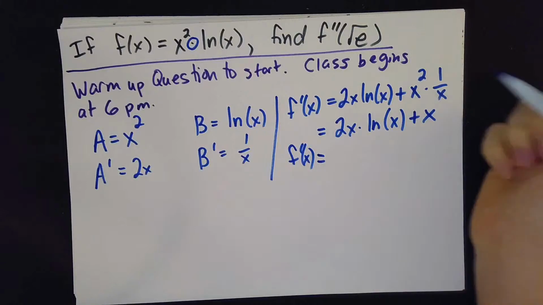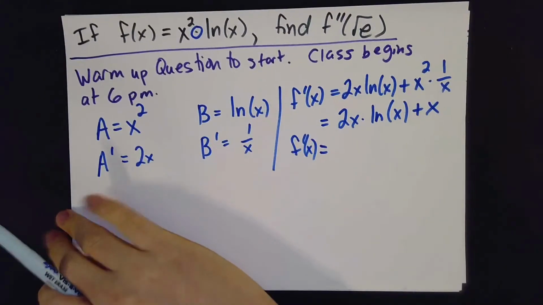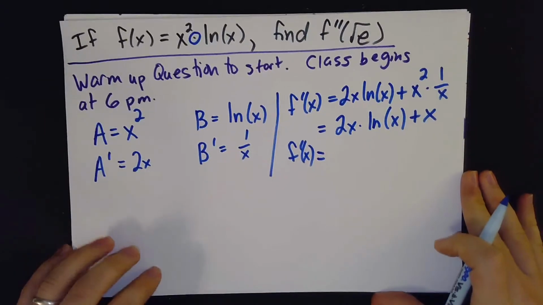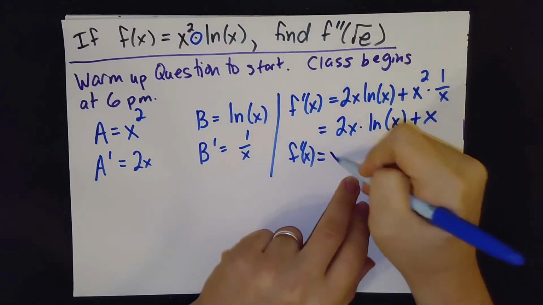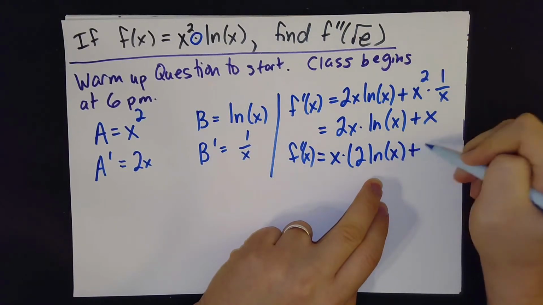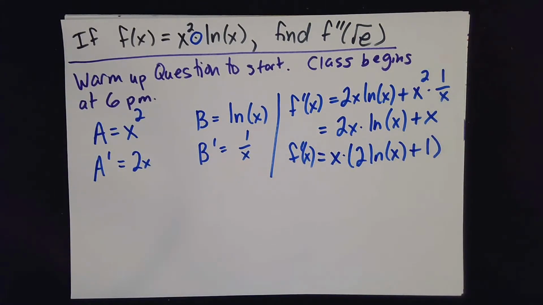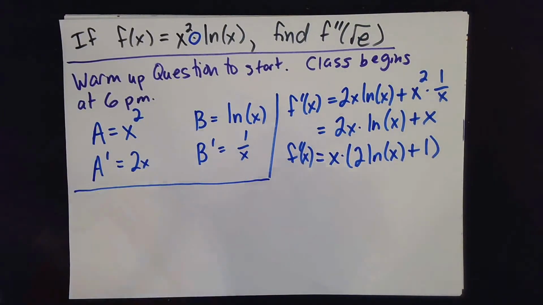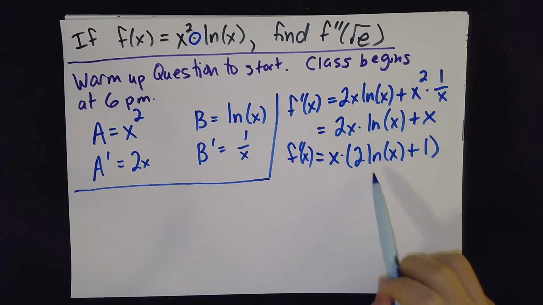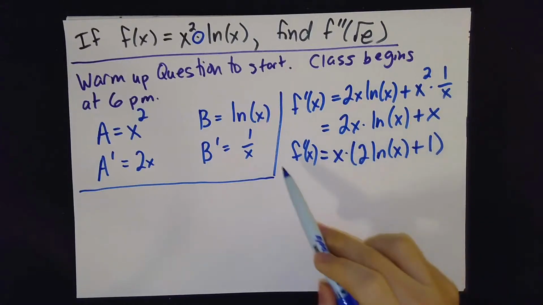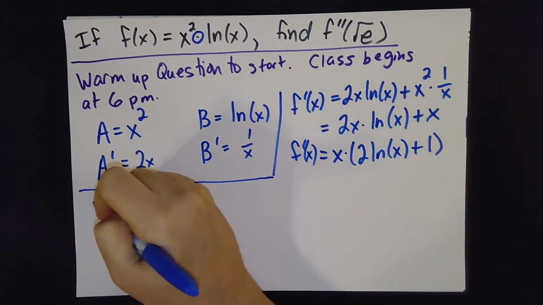And because the question actually asked for the second derivative, it would be in my interest to simplify this even further. So I'm going to write this in this fashion. All right. So, having gone ahead and done that, I can now grab the product rule to take the derivative of this again.